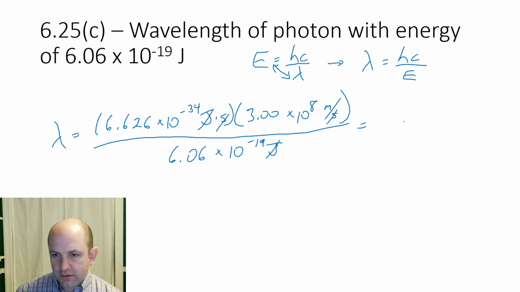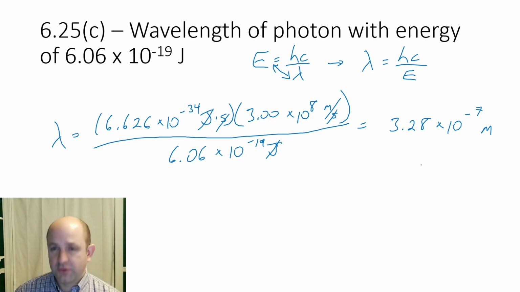So for this one, it is 3.28 times 10 to the negative 7th meters, and that is correct. Now, if we wanted to put that in nanometers, because a problem might say, hey, put this in nanometers, we would multiply by 10 to the 9th, or divide by 10 to the negative 9th, whichever way, and this would be 328 nanometers.